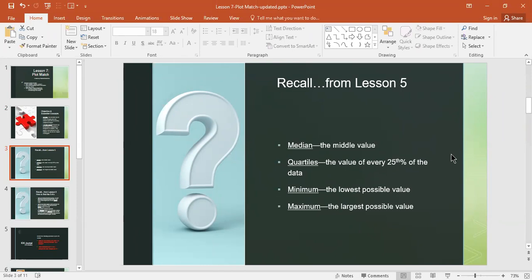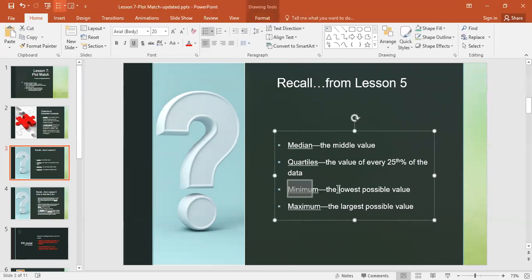So each quartile value represents the 25th percent of the data. So quartile 1 is the first 25th percent. Quartile 2 is another 25th percent to include all 50 of the first half. Quartile 3 is another 25% to include 75% of the data. And then quartile 4 is 100% of the data there, okay?